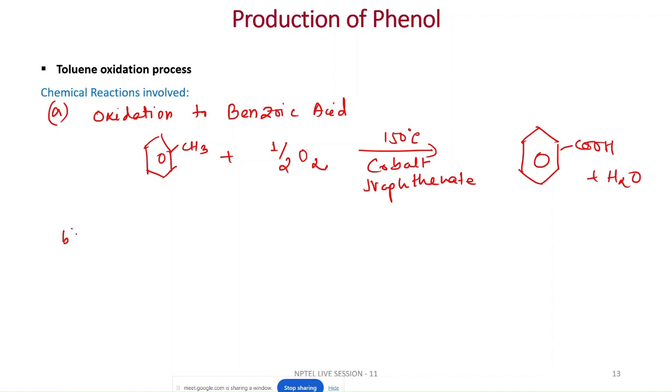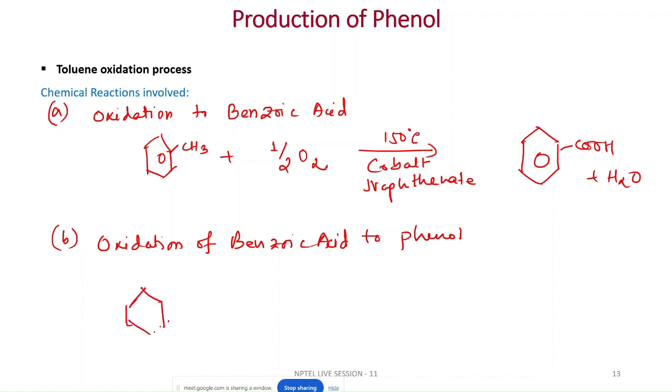And the second step is oxidation of that benzoic acid to produce phenol. So this is a two-step method. So we are taking here the benzoic acid.